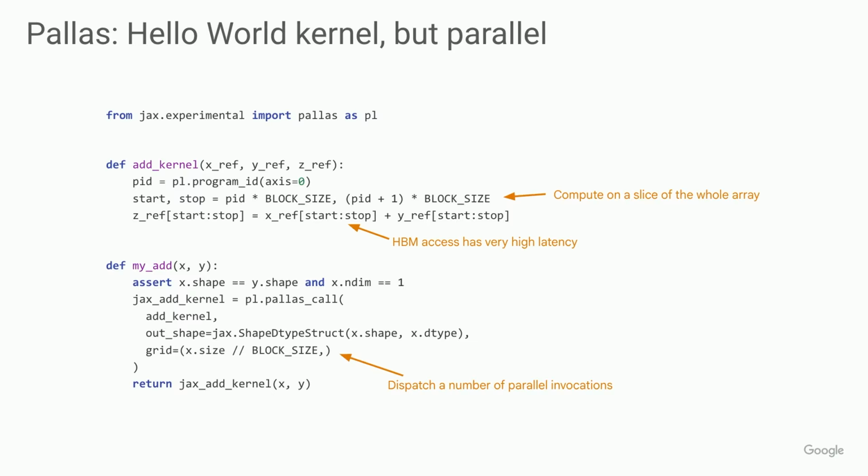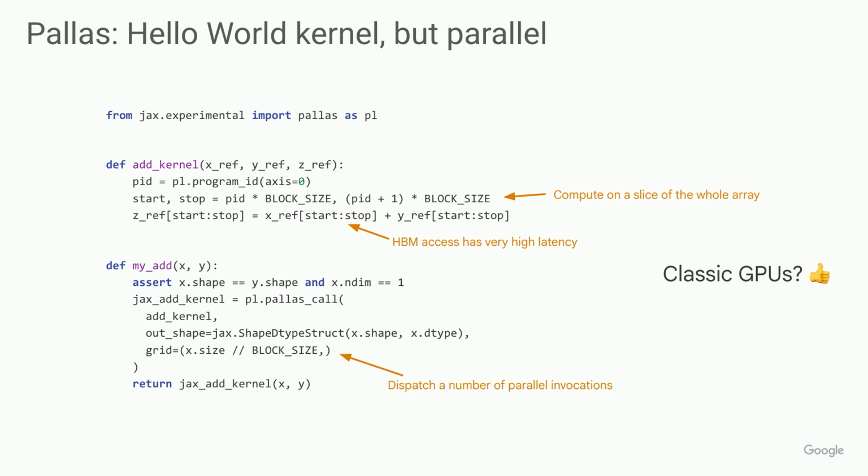There's a problem with writing code this way though, which is that these HBM accesses, or global memory accesses, are very high latency. And so they're slow, basically, compared to your compute. If you write code this way on classic GPUs, with simpler programs like this, the GPU can hide this high latency memory access, basically by cheap context switching.